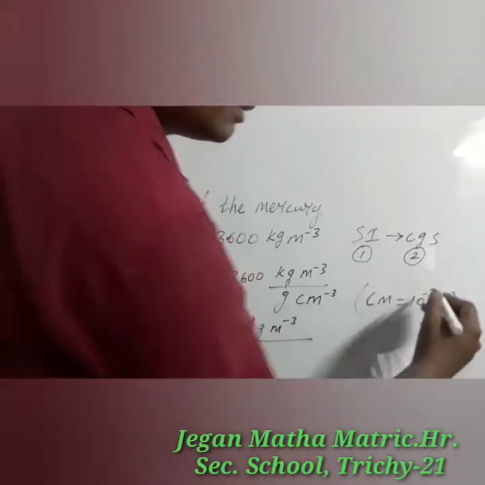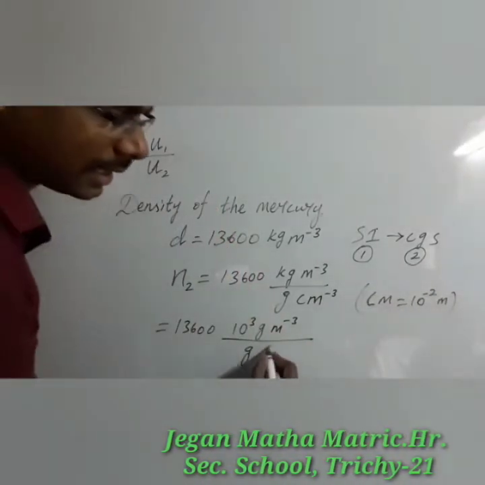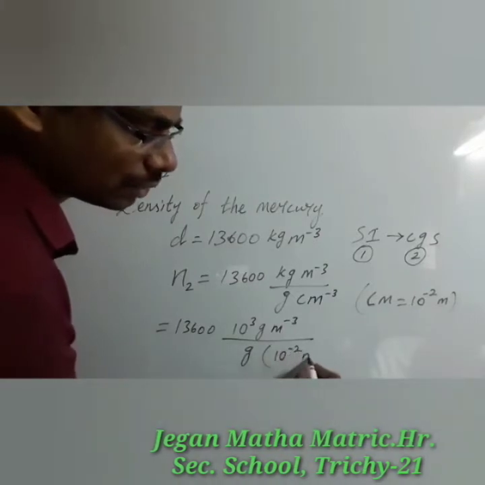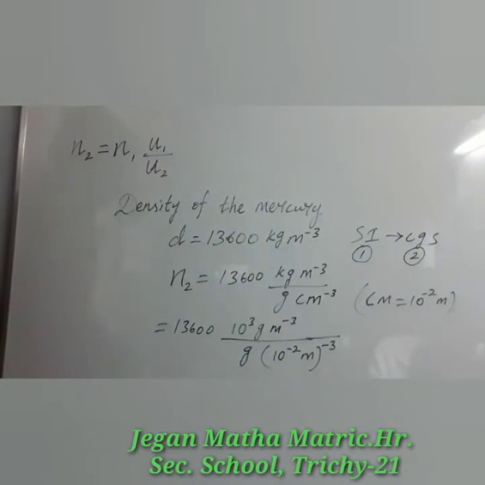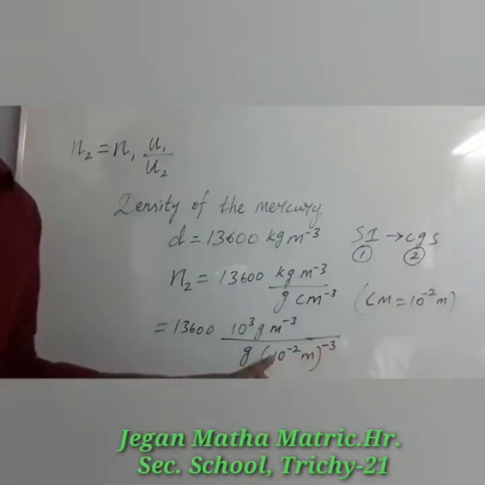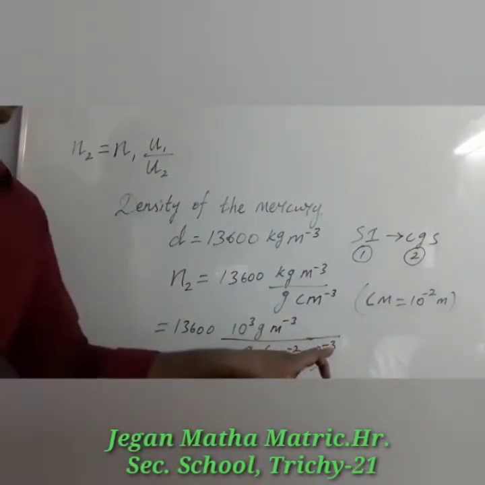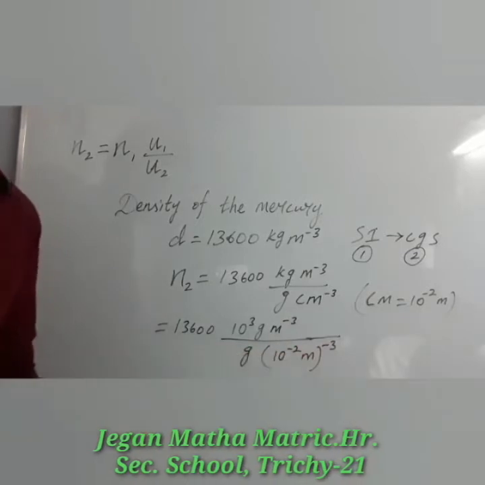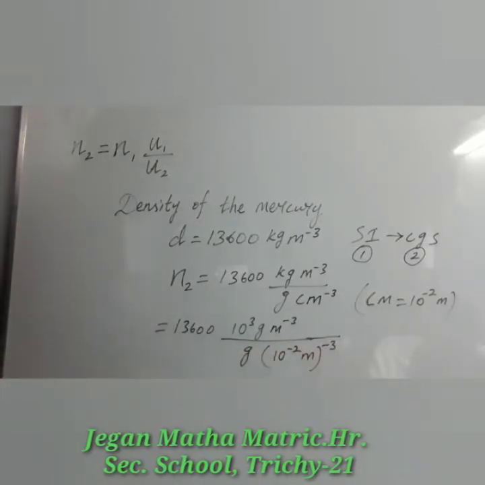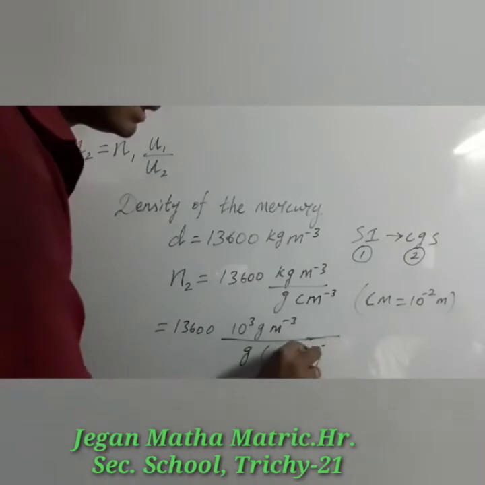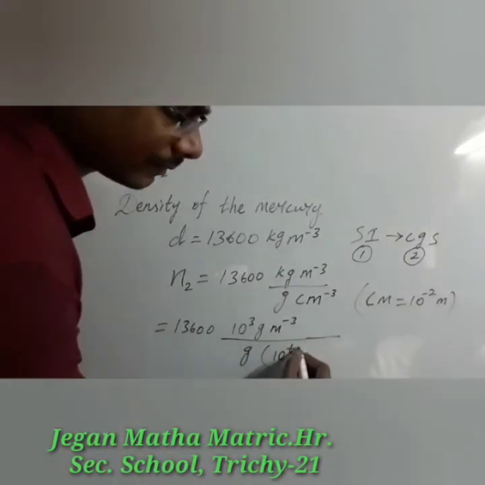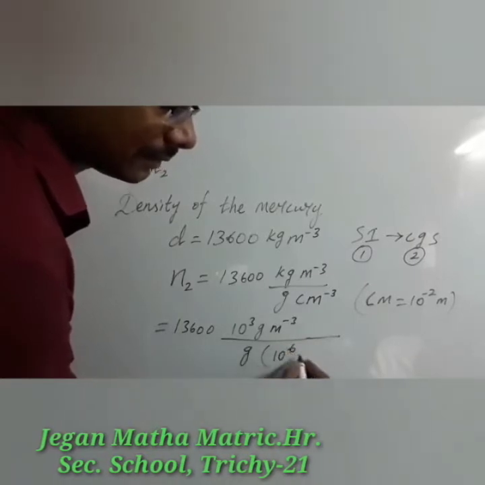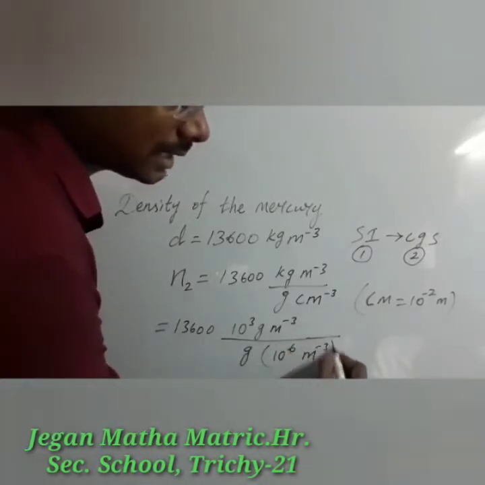Centi refers to 10 to the power of minus 2. So it can be written as 10 to the power of minus 2 meter, power minus 3. Here that minus 3 can be taken inside. So minus 3, here minus 2, that's nothing but a plus 6. You have to multiply. Plus 6, meter power minus 3.